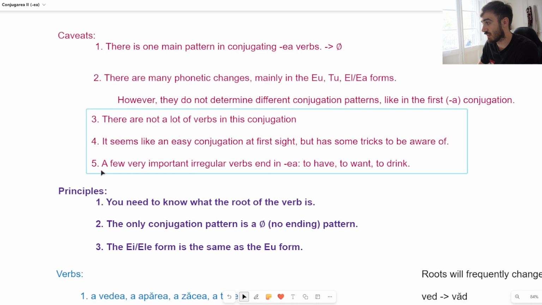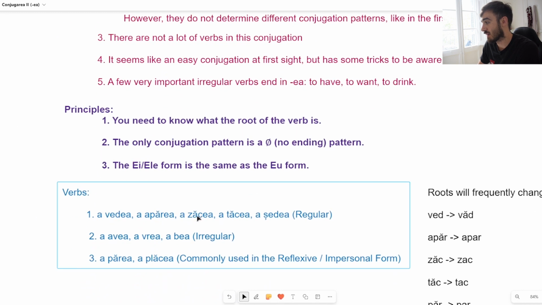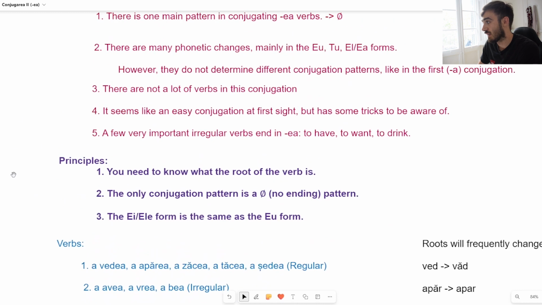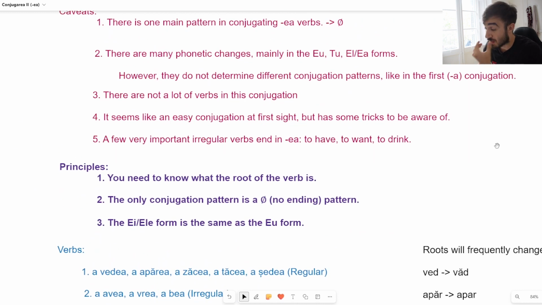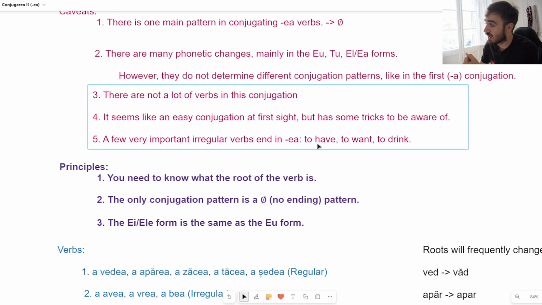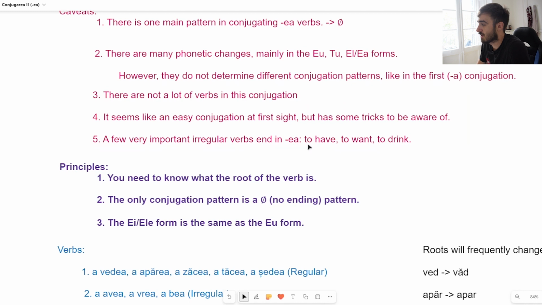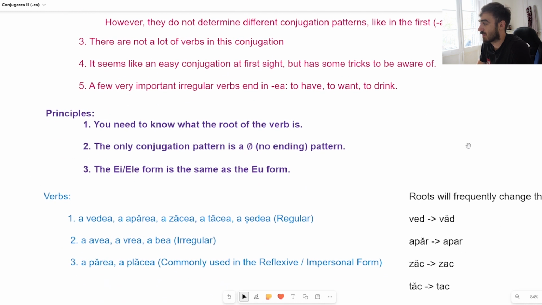Those are, as I said previously, in comparison to verbs like a zăcea or a ședea, obviously you will want to use to have, to want, to drink quite frequently. So it's very important to be aware of this and to know exactly how to conjugate it, because each one of them individually is quite different.